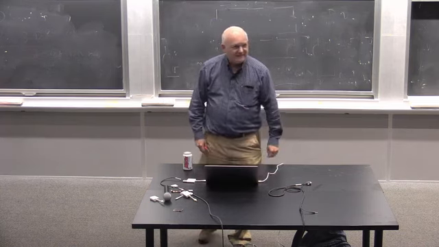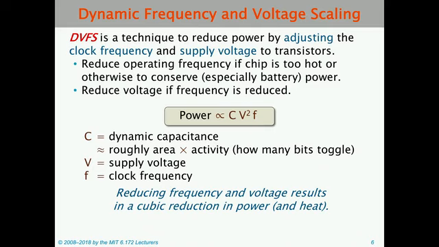So power goes as C V squared F, where C is what's called the dynamic capacitance. There's actually another term, the static capacitance, which doesn't have to do with frequency, but for the dynamic power, it's C V squared F. The dynamic capacitance is roughly the area of the circuitry times how many bits are moving.